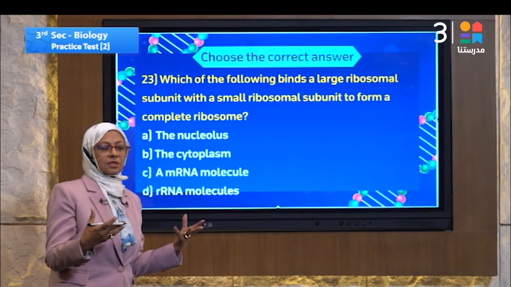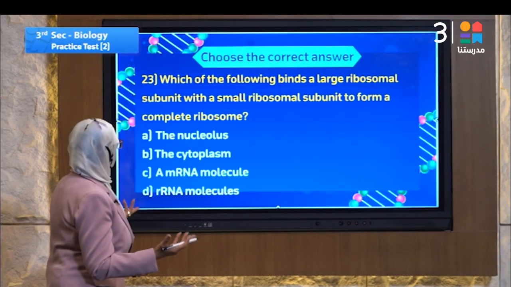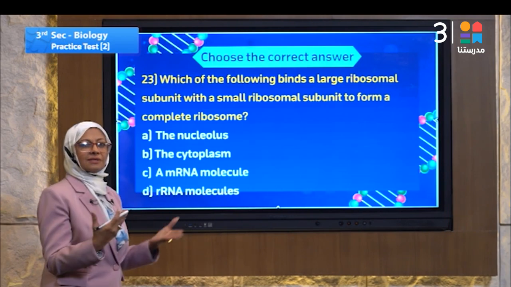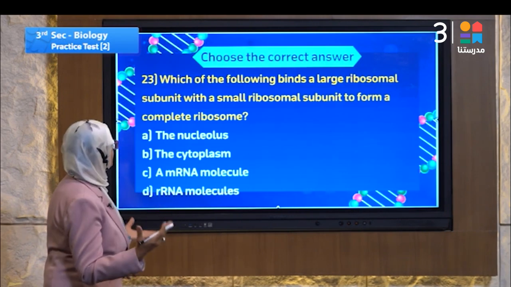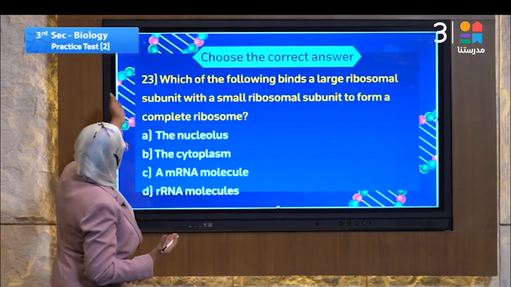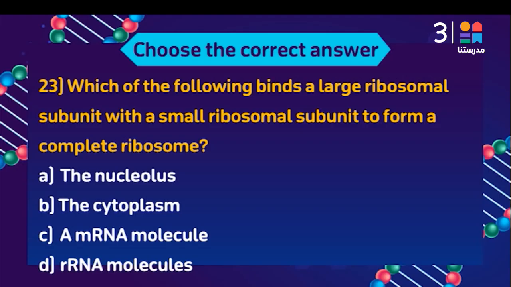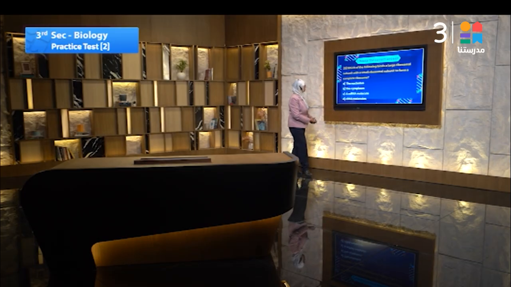Let's read it again: which of the following binds a large ribosomal subunit with a small ribosomal subunit to form a complete ribosome? Let's go to read the choices.